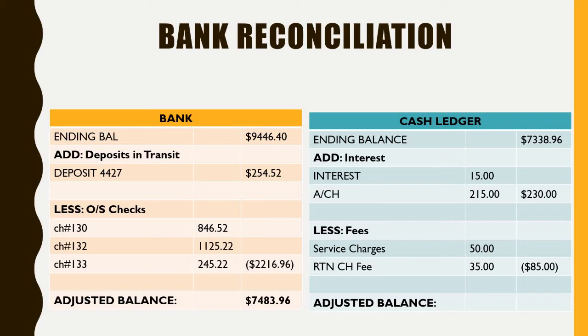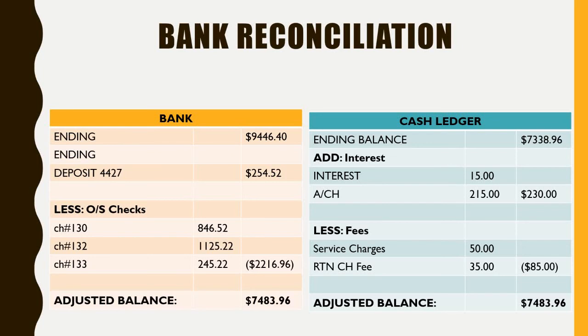Okay, so I'm going to take my ending balance of $7,338. I'm going to add my interest and ACH of $230, and I'm going to subtract out my fees of $85. And that should give me a grand total of $7,483.96.